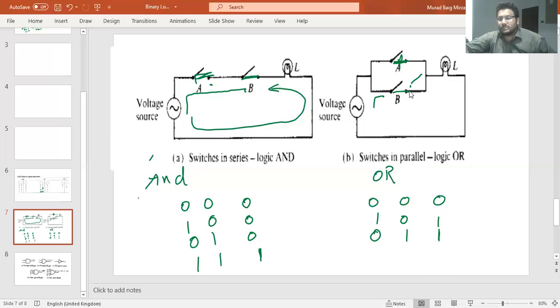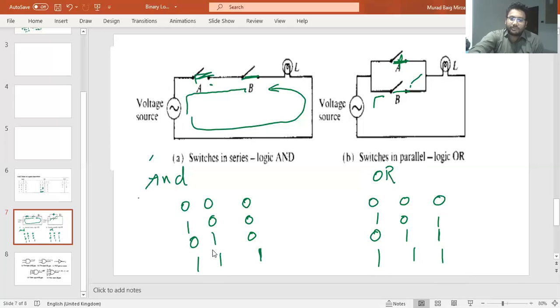We have no issues in this case. The current can flow from both of them, go through the bulb and return back, giving us an output of 1. We can say A is 1, B is 1, so output is 1. Simple. These two simple electrical circuits show us how the AND gate and OR gate work.